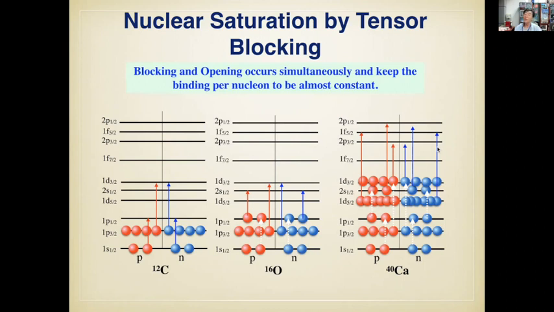But after oxygen-16, you start to lose some tensor energy because of this blocking. This is Pauli blocking, so it's natural. And after that, blocking and opening always occur simultaneously. So essentially, that's a saturation. Tensor interaction saturates because of this reason. I think this is one view of the saturation. There are many other views, but this is one of the essences of nuclear saturation.